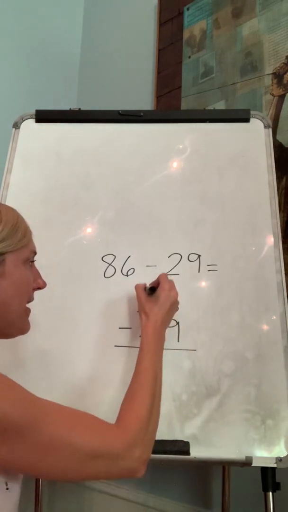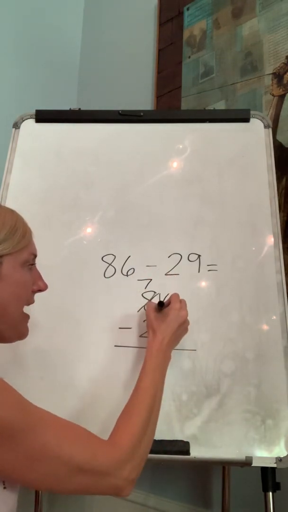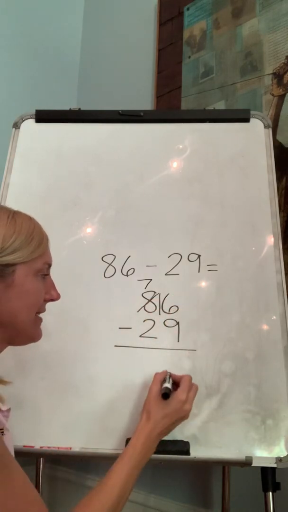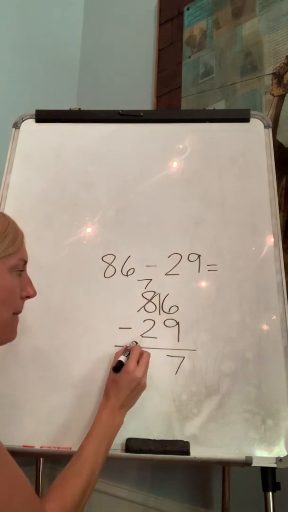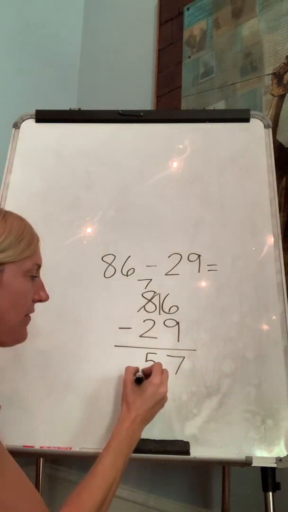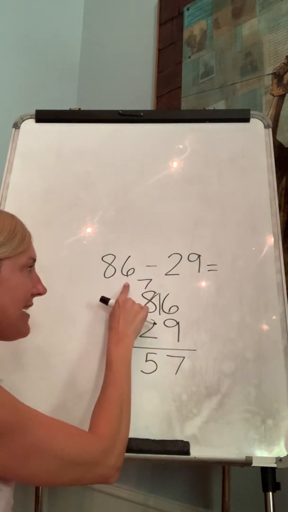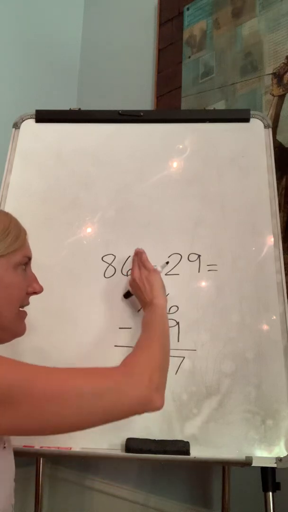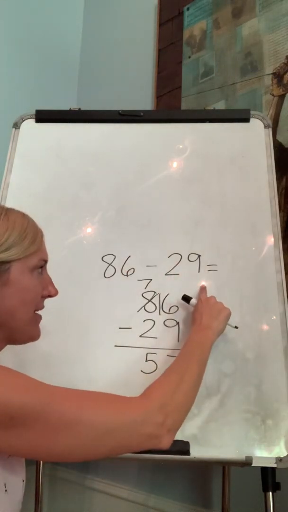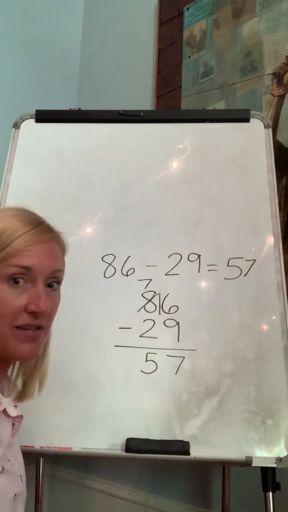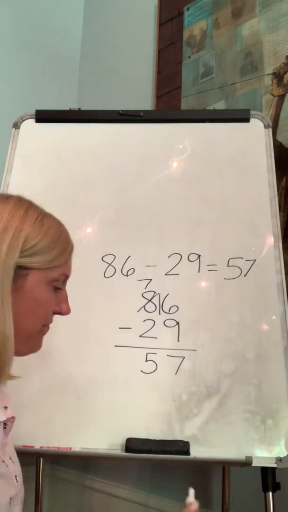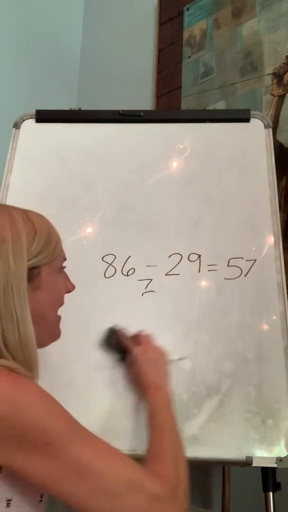So I need to make it bigger and move over a 10. 16 minus 9, 7. 7 minus 2 is 5. So 86 sharp pencils, take away 29 pencils that got dull, we have 57 sharp pencils left. Okay. How about this one?